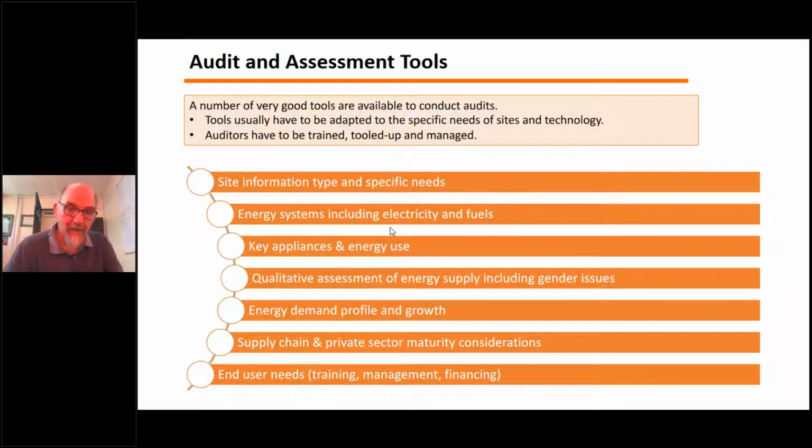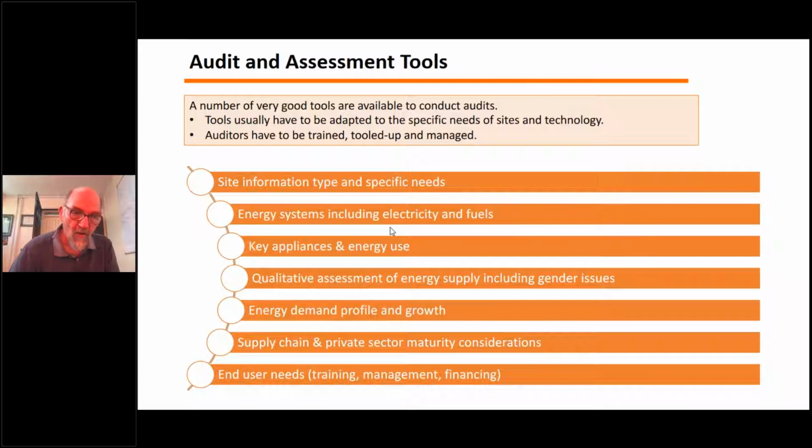You're going to need information about the current energy systems, including electricity and fuels used. You're going to need information about all the key appliances and their use patterns. You're going to need a qualitative assessment of the energy supply as it is now, including gender and poverty issues. And then you're going to need to know the energy demand profile and growth.